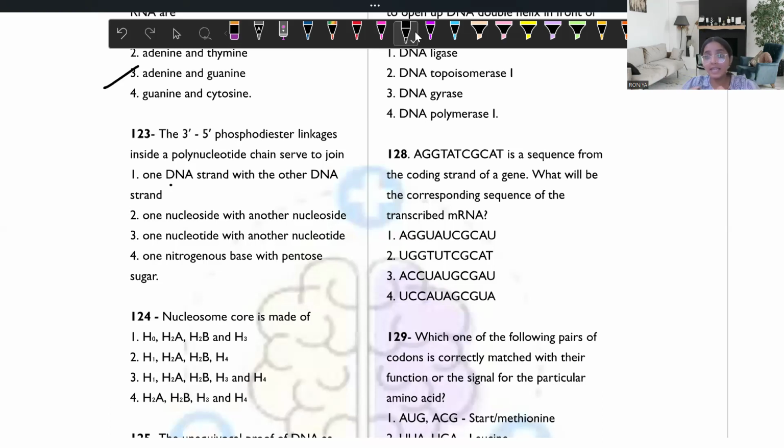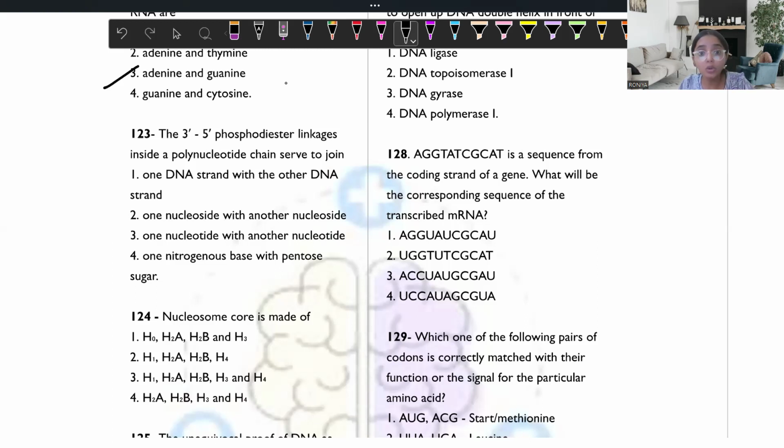Phosphodiester bonds are present inside DNA, so they cannot link two DNAs. So the first statement is wrong. These linkages are present inside a polynucleotide chain, so how will they join DNA molecules?